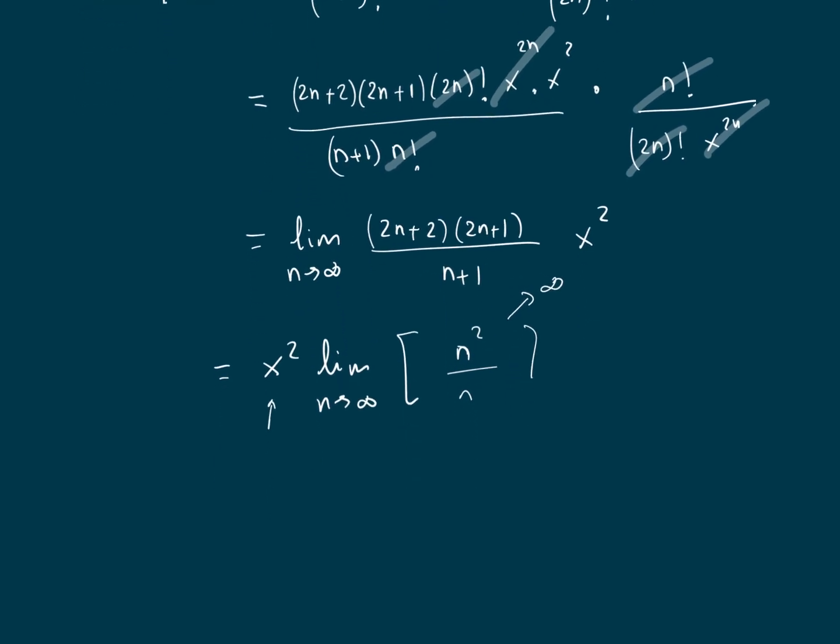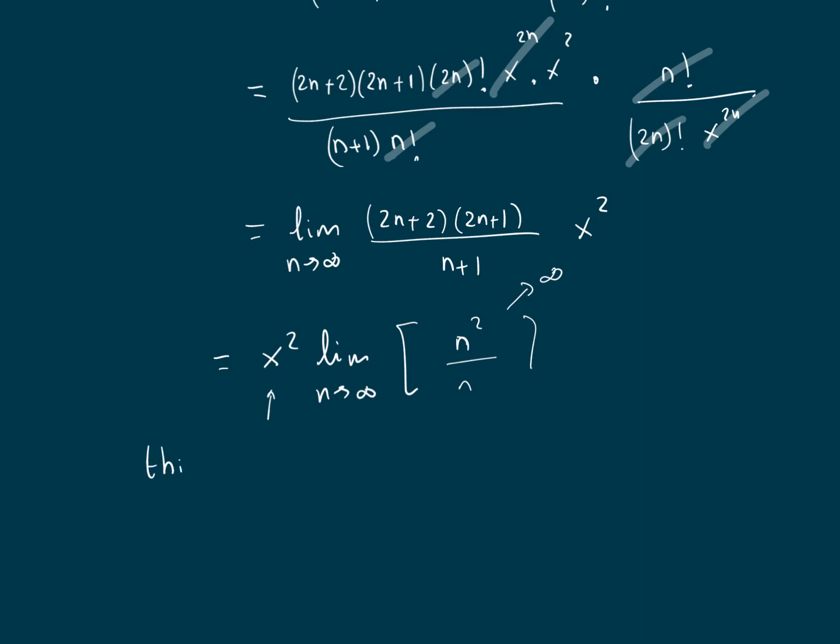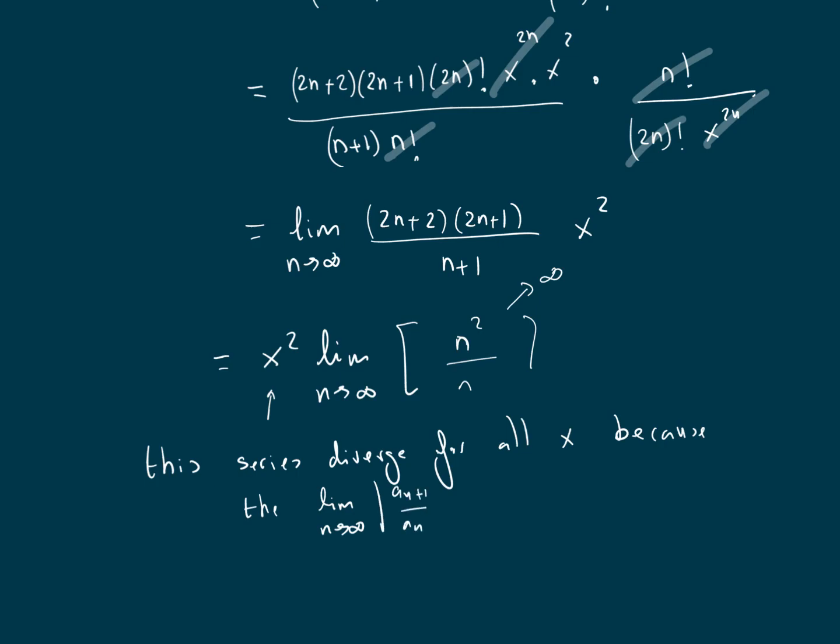So we write this series diverges for all x because the limit when n goes to infinity of a sub n plus 1 divided by a sub n is bigger than 1.